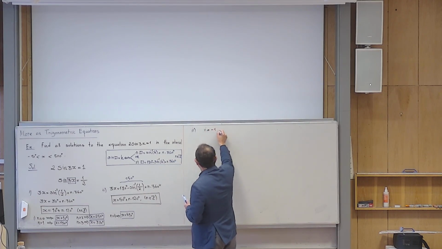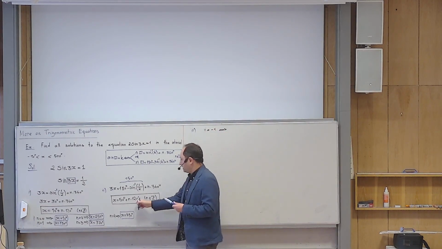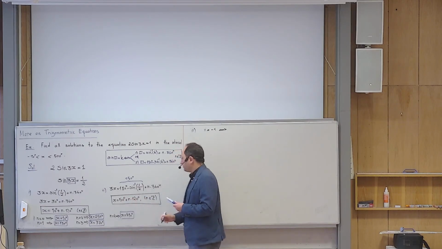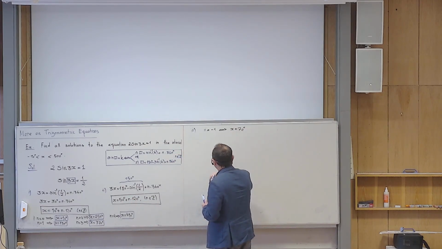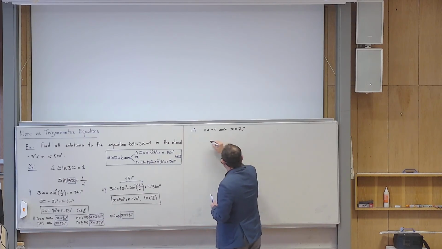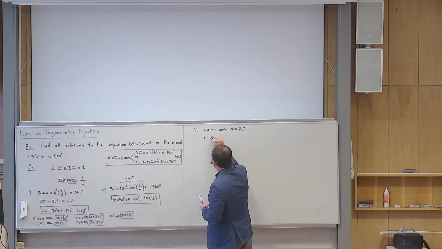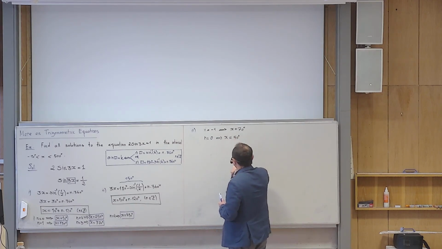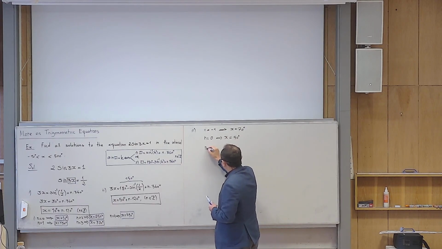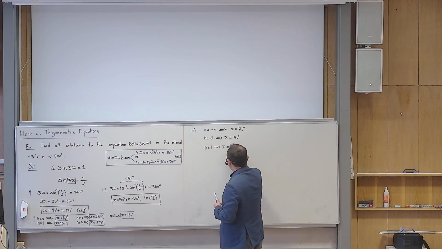So if I put -1, what happens? This becomes -120 plus 50 is -70, which is acceptable. And then the next one is 0, x gives me 50. Yes? And if I put n equals 1, x gives me 170.